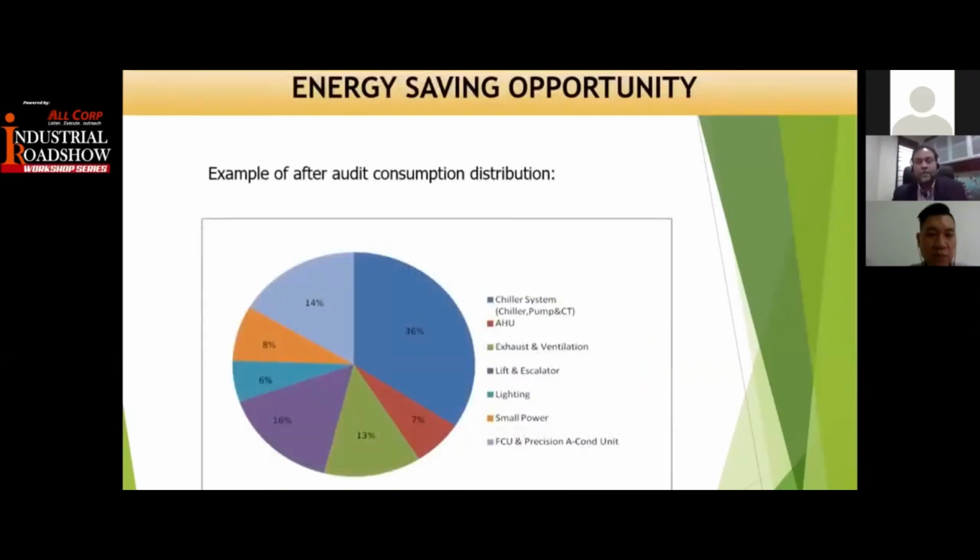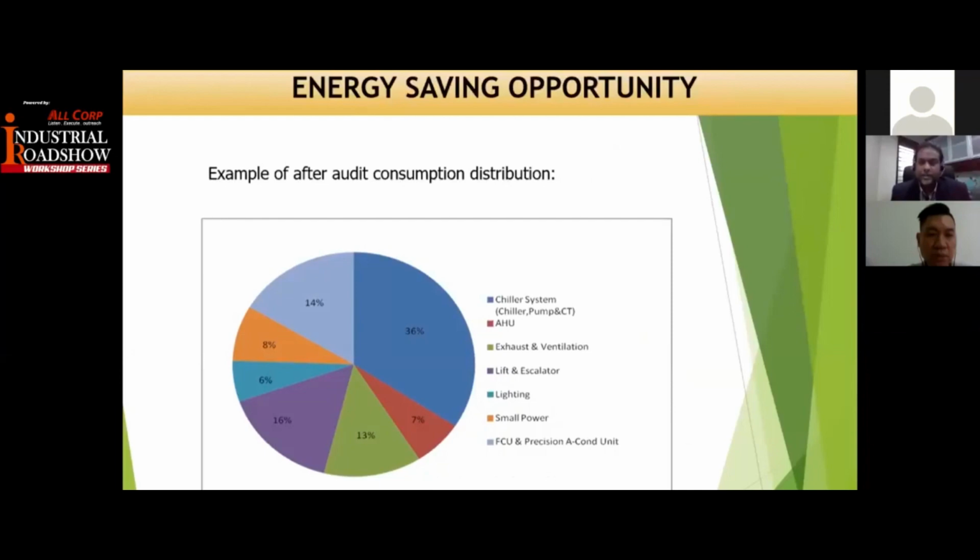So basically, once you do an audit, it can be a detailed audit done by an external consultant, or you can have a local consultant, or your own engineers or facility people do it. You can do an initial one just by using a power logger to measure all the power used by the plant, as your major usage could be your chiller plant and compressor plant.